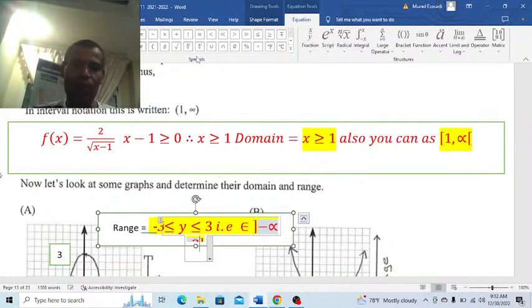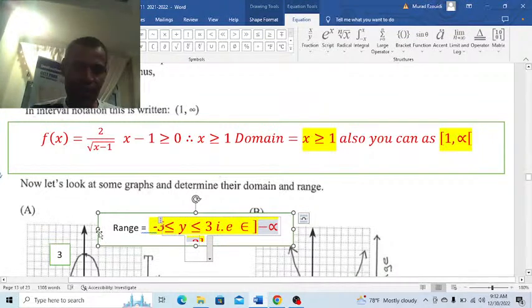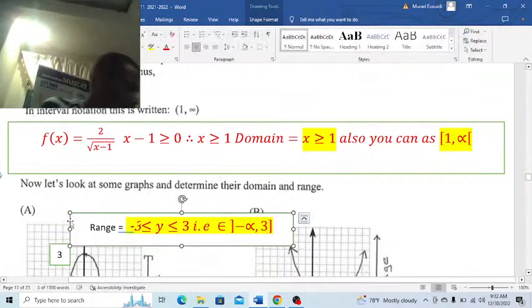So this is the range in terms of interval notation.